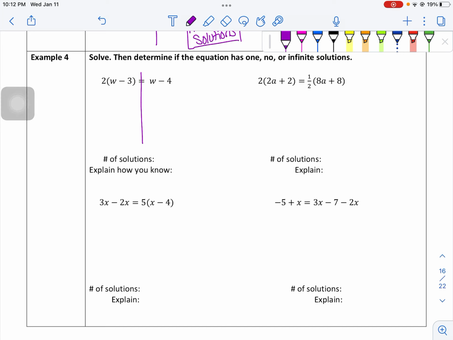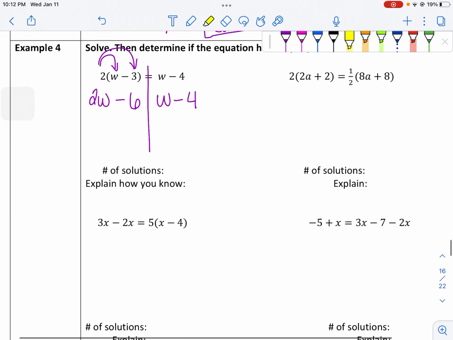But I need to distribute first. So 2 times w is 2w, and then 2 times -3 would be -6. On the right, I have a w minus 4. So I notice right away that I have different numbers of w. So that means there should be one solution.